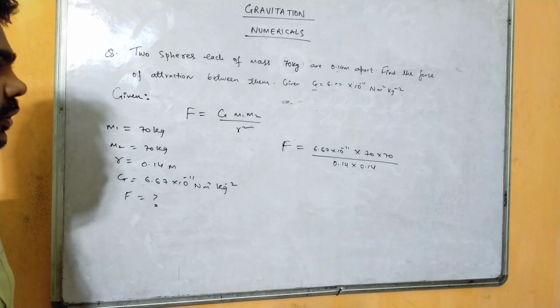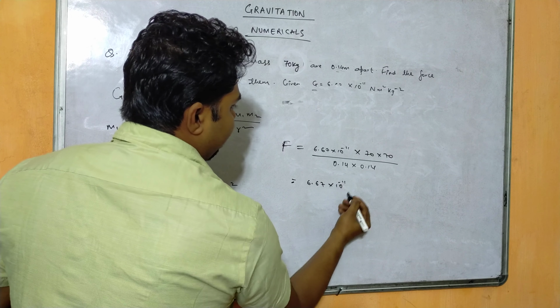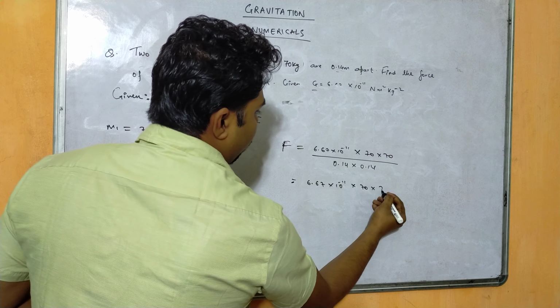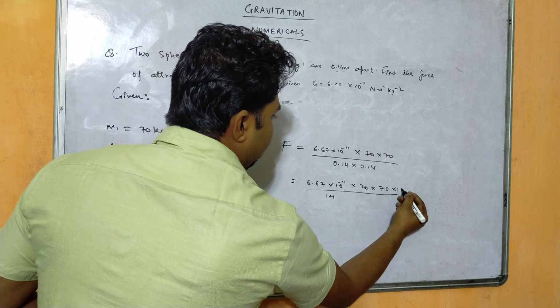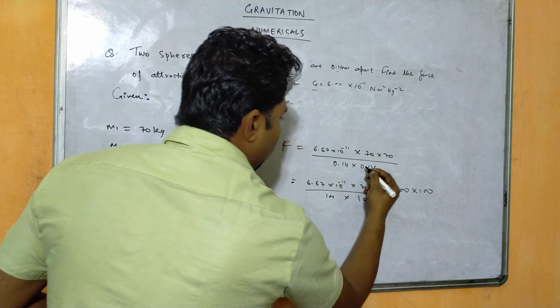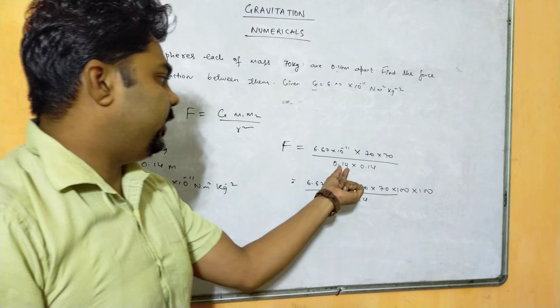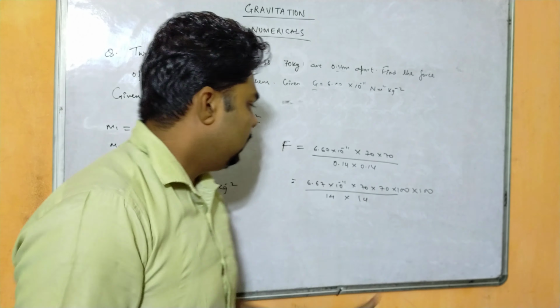Now for this type of question, how will you solve? 6.67 into 10 to the power minus 11 as it is, 70 into 70 is also as it is. Now 0.14 can be written as 14 into 100, right? When you remove the decimal after 2 digits, 2 zeros will go up, okay.